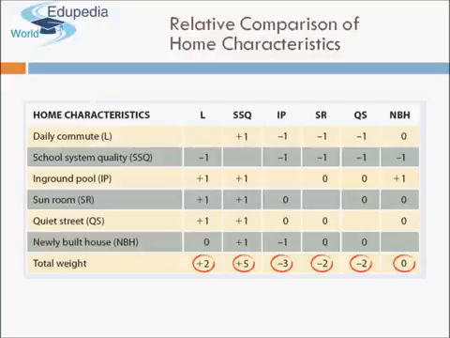Similarly, SSQ is again compared with L, IP, SR, QS, NBH, and you give a rating of minus one, zero, or plus one. For example, if the in-ground pool is compared to L, then plus one stands, the L has a weightage on IP. So this is how you compare every parameter and you give a weightage to this.